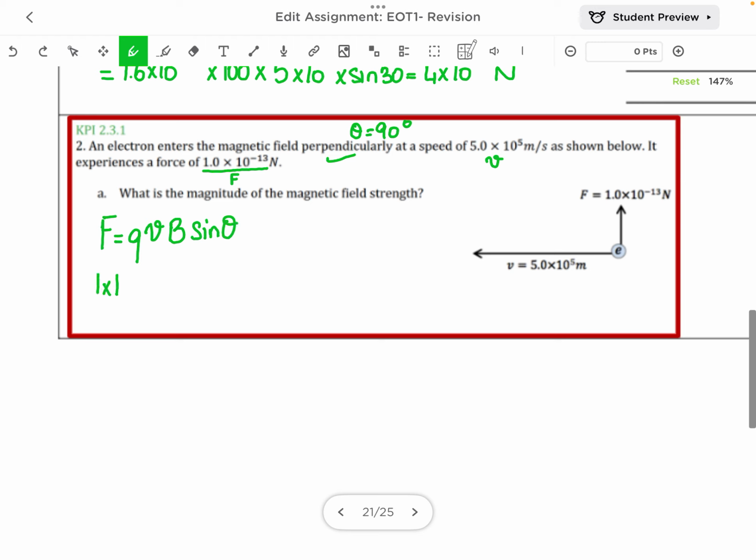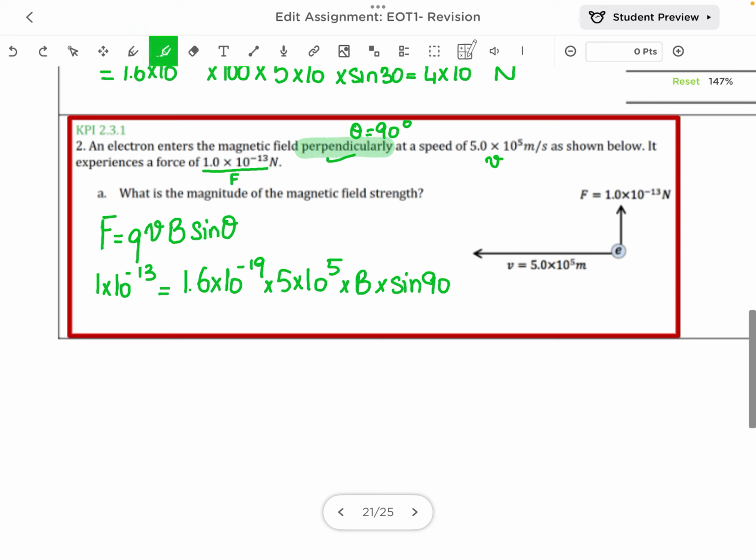So here you have 1 10 to the power of negative 13. The elementary charge, I don't put it negative, in absolute value. The velocity is 5 10 to the power of 5, multiplied by sine of 90 because it enters the region perpendicularly. So the magnetic field in Tesla is equal to 1.3.